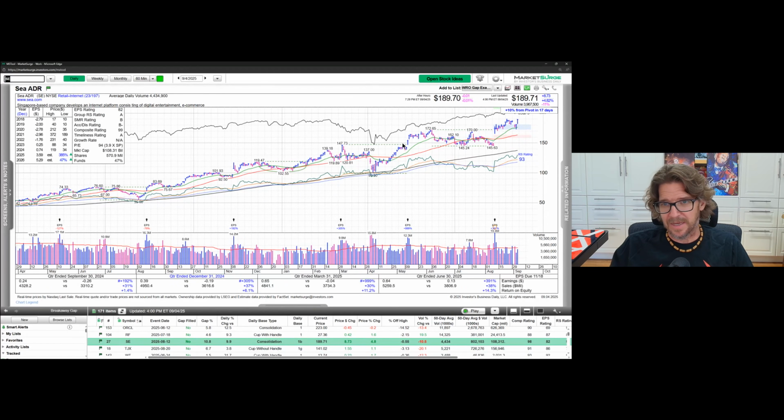here's SE. You've got that little gap there. It handled itself well. I'd buy it there, add some there, and be adding to it there. Now, it didn't end up working, but again, when you go through this, you want to be intellectually honest and not say, oh, I'm not going to buy there because I know that it didn't end up going anywhere or it ended up going lower.